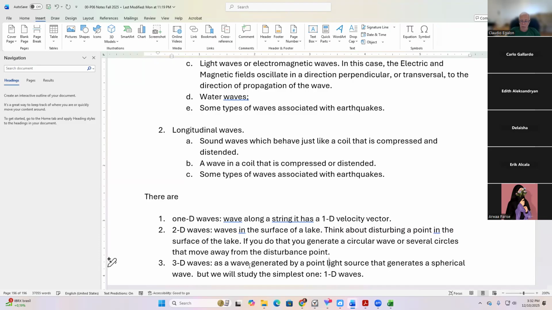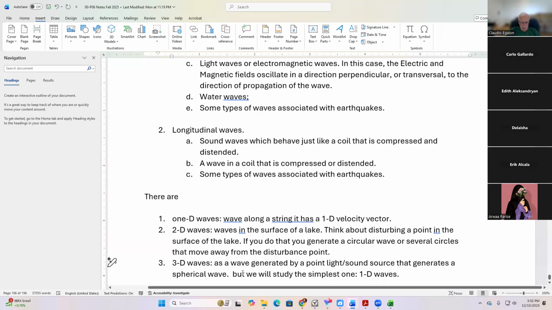It can also be a point sound source. Think about a spherical speaker that can oscillate back and forth inside. It's going to generate a spherical wave around it.